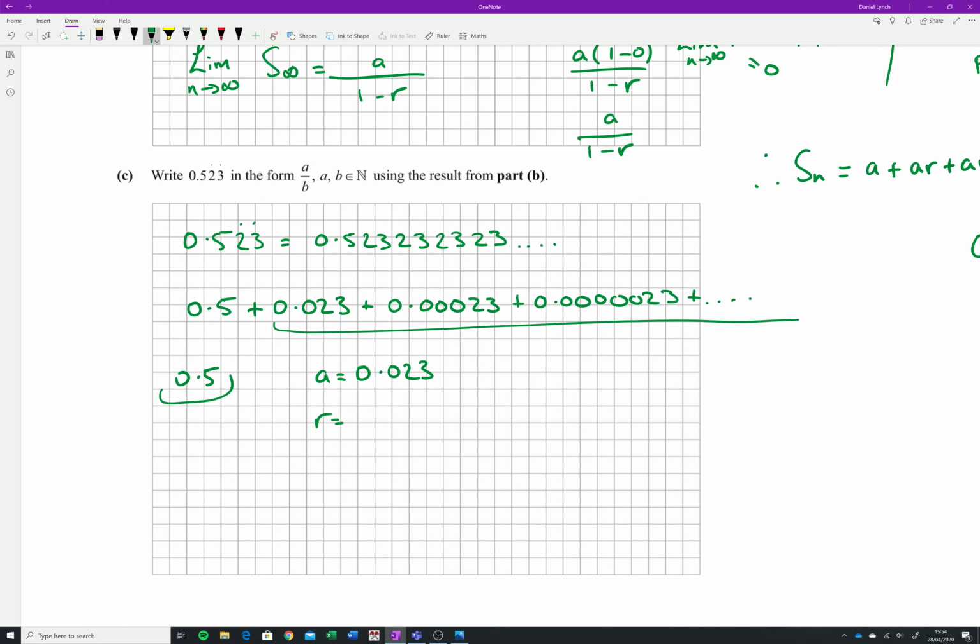Now, what do you multiply to go from there to there? You know, it's easy when I tell you what it is, but one way to get this and be sure of it is you take this number here and divide it by the number that's in front of it.